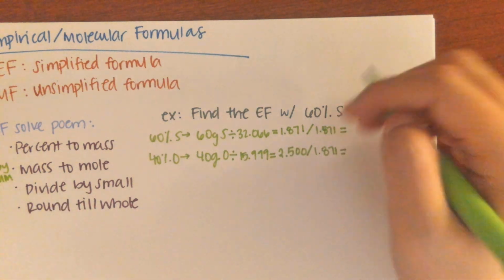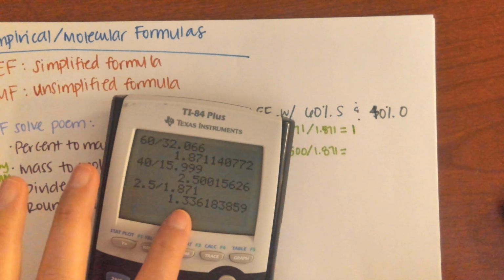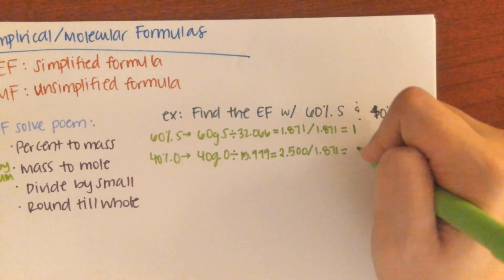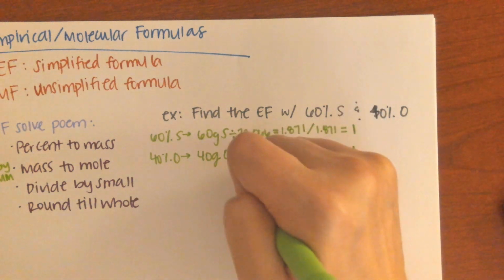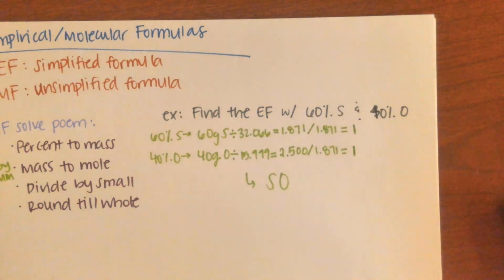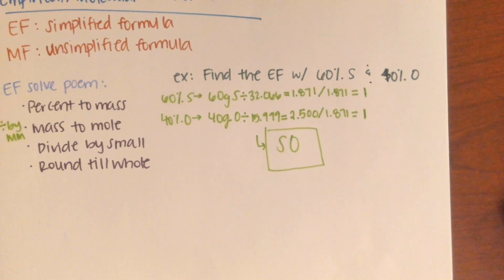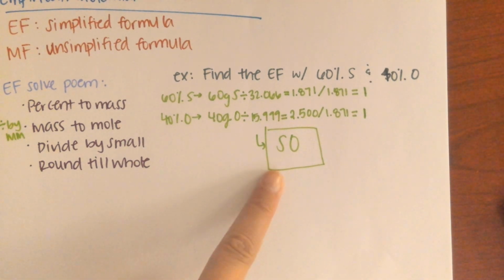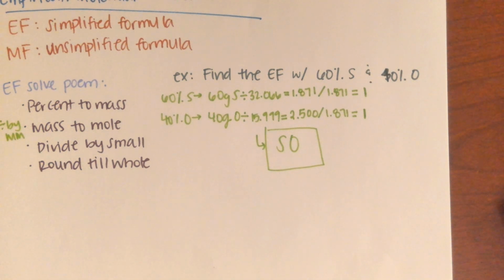So obviously 1.871 divided by itself is 1. 2.5 divided by 1.871, round to the nearest whole number. That's also 1. So that means I have one S and one O. That is your empirical formula. So the molecular formula for this can be S2O2, S4O4, whatever. So this is the simplified version of this compound.